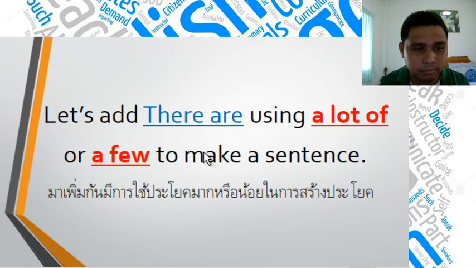Okay, next. Now let's use there are with a lot of or a few to make a sentence. So we will learn how to use there are and a lot of, also a few, to make a sentence.